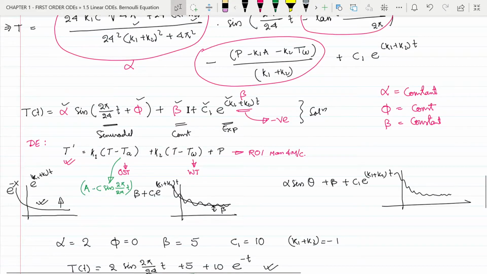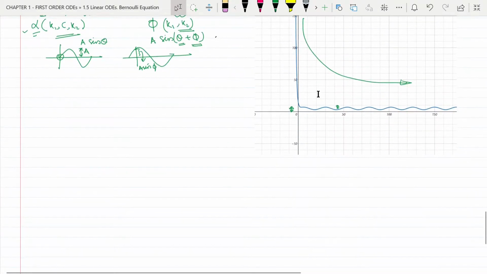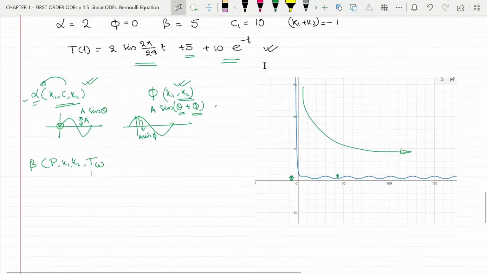Now let us go to beta, and we see that beta is controlled by p, k1, k2, a and t omega. So beta is a function of p, k1, k2, t omega and also a.